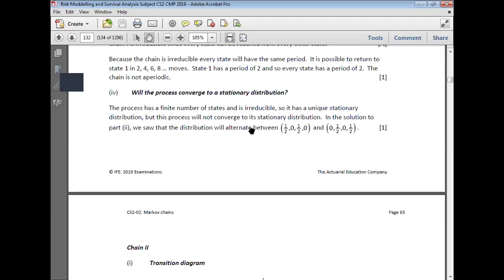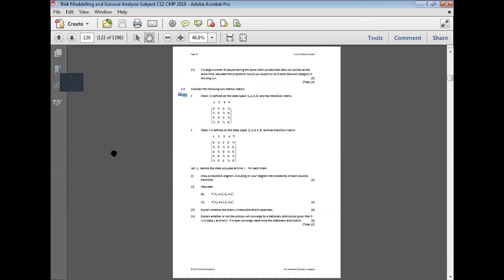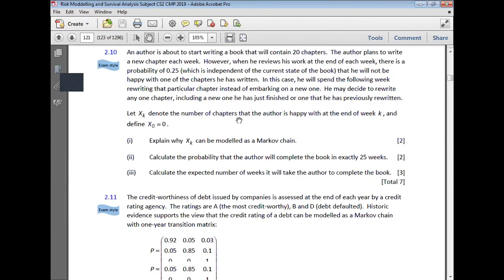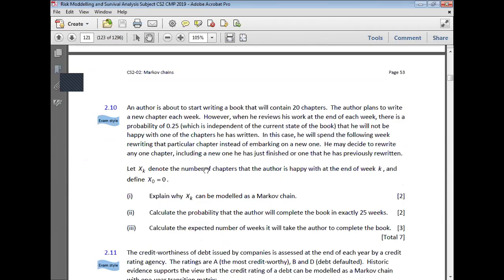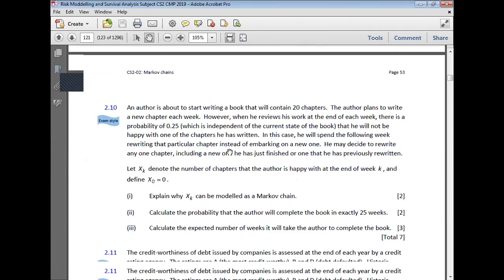Okay, so now let us try to do another question. We can try to do 2.10 and 2.11. I guess 2.11 is also a good question, but let's try to do 2.10 first.